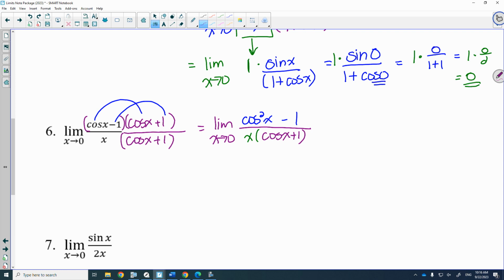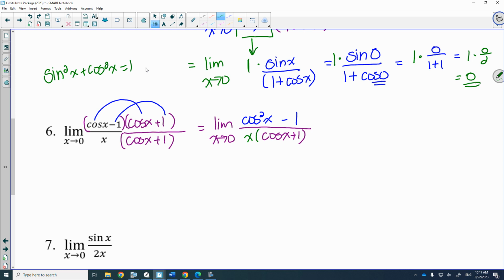Okay, so again, the purpose of doing the conjugate was that now we're going to use our Pythagorean identity. So sine squared of x plus cos squared of x is equal to 1. Now be careful here. The expression that I want to replace is cos squared of x minus 1. So cos squared of x needs to be positive. I need to bring the 1 to the left-hand side, and sine to the right-hand side.